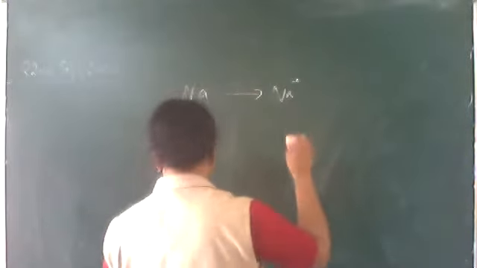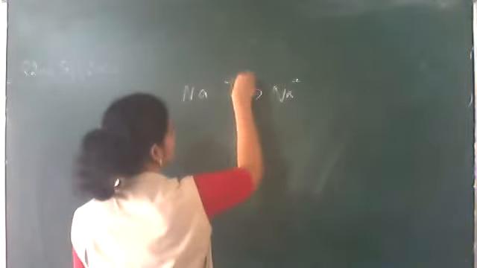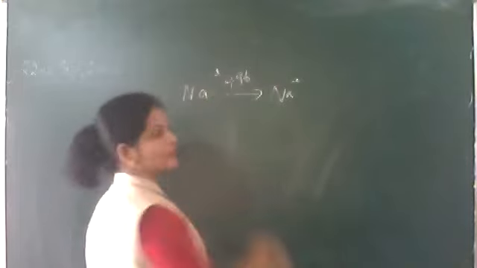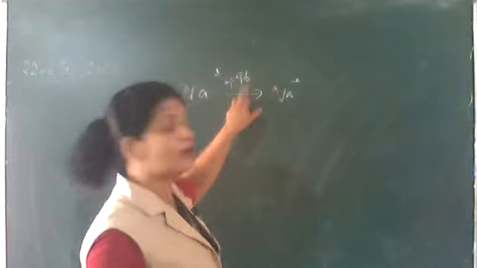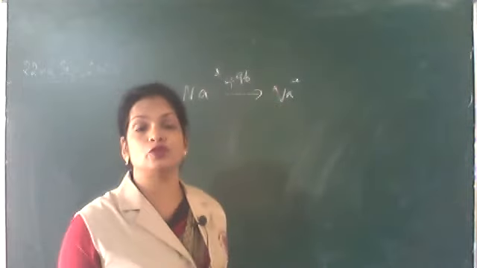For the formation of Na+ from Na, 496 kilojoules of energy is required.